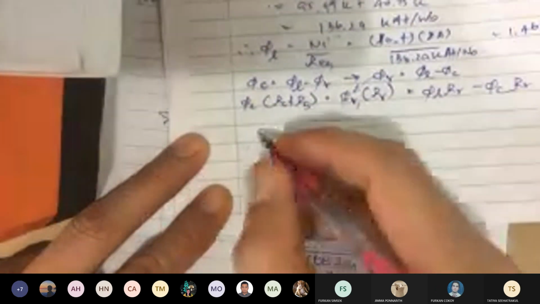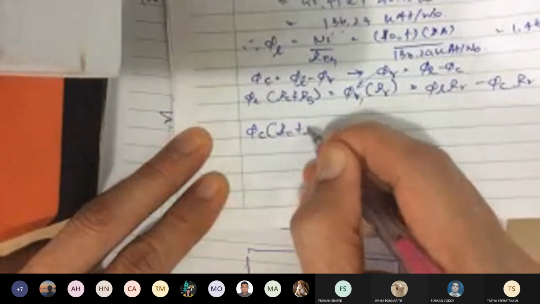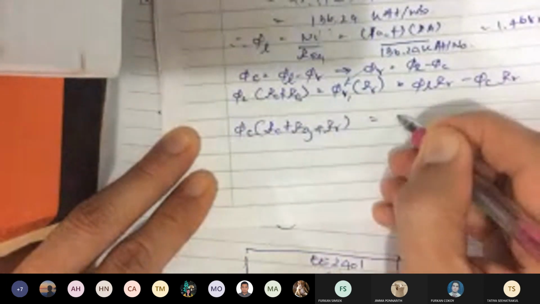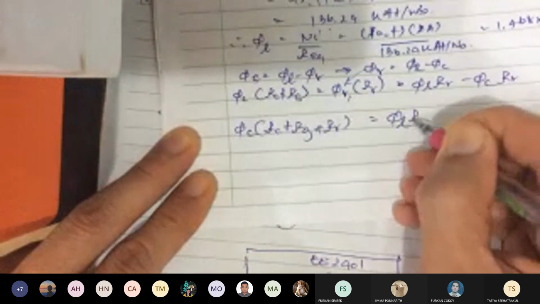Rearranging this, you should get phi C times RC plus RG plus RR equals phi left times RR.